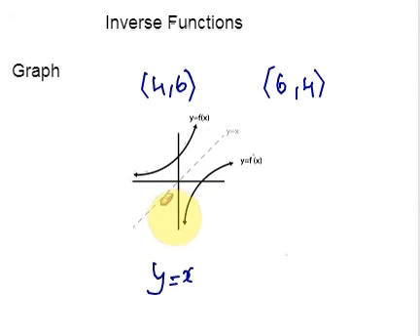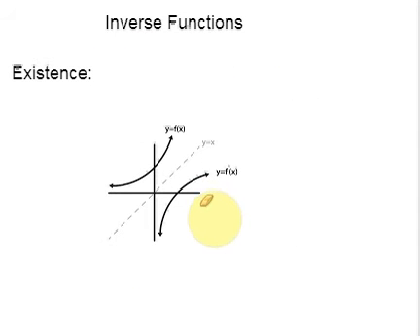Now let us discuss the existence of an inverse function. You have to check whether an inverse function exists or not. There are cases where the inverse function does not exist. Not all functions will have inverse functions. A function says that for every x there is exactly one y. That is, y values can be duplicated but x values cannot be repeated.